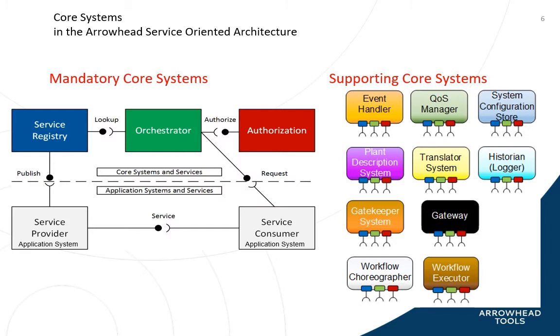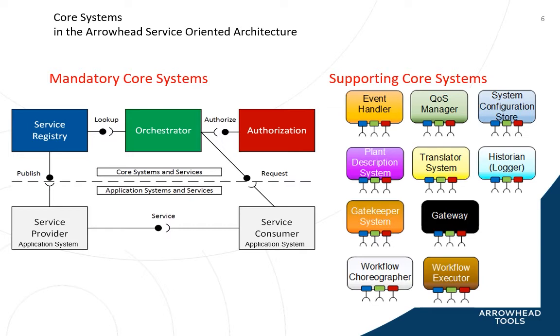So these are mandatory for each local cloud, and various application systems that could be service providers or service consumers or both belong to this local cloud, and the services as shown are late bound, loosely coupled, and the lookup feature of the orchestrator provides the service-oriented architecture feeling. On the right-hand side, there are a few supporting core systems.